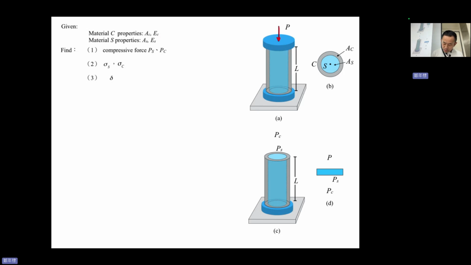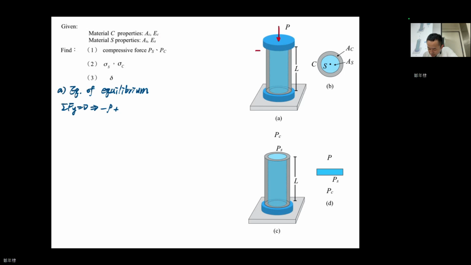So what can you do? Firstly, an equation of equilibrium. All right. Sigma Fy equal to 0. So minus P plus, okay, you see, if you want to see the force in the material, you need to cut it, right?